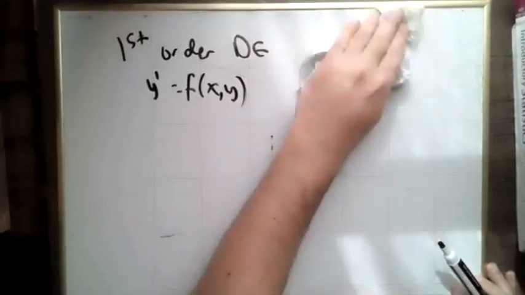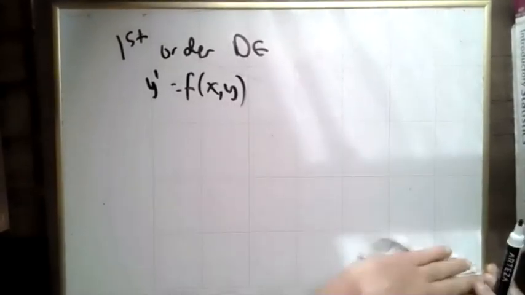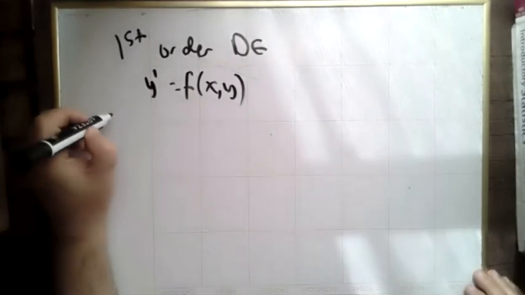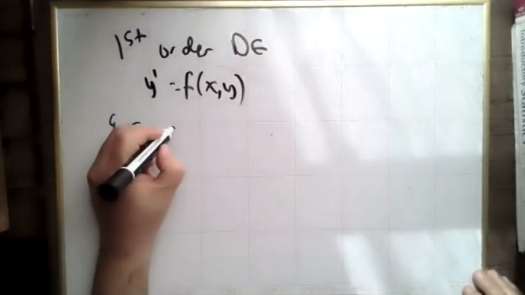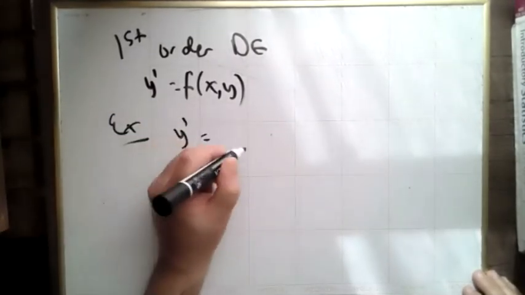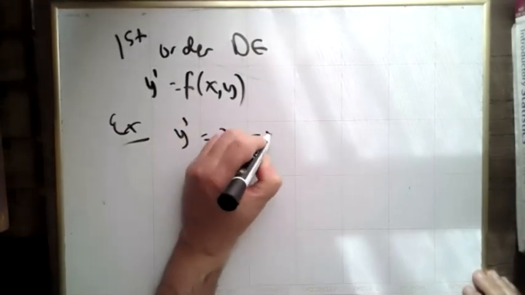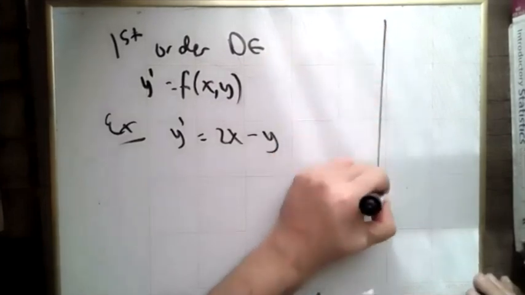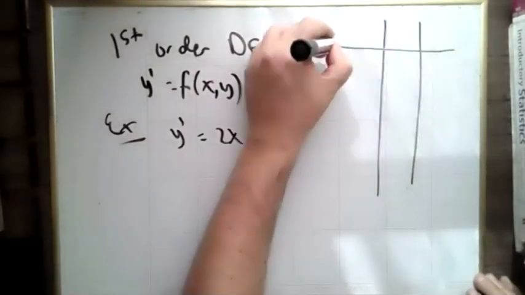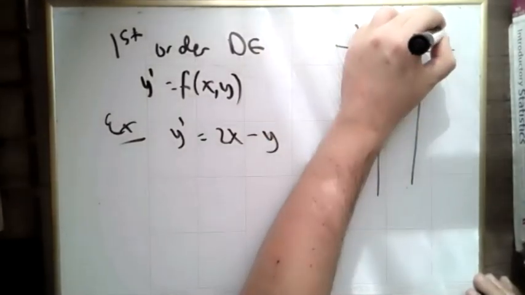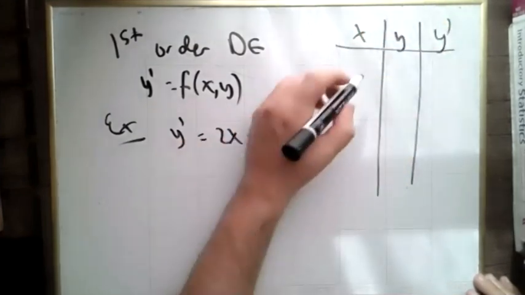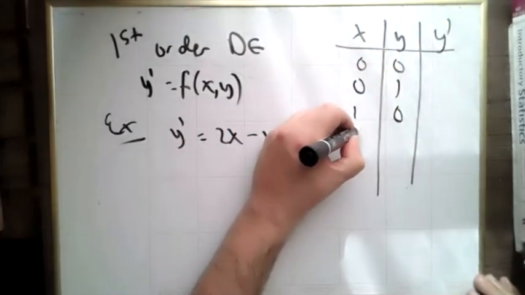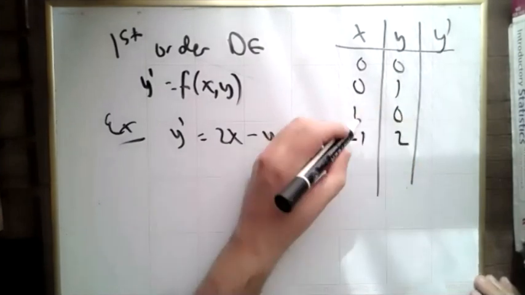Okay, so let's do a quick example. We're not going to plot a whole bunch of points by hand, and then I'll show you some software that will do it for us. So say, for example, we had y prime equals 2x minus y. I'm literally just making up a whole bunch of points here. So maybe we could plug in (0, 0), (0, 1), (1, 0), (-1, 2).